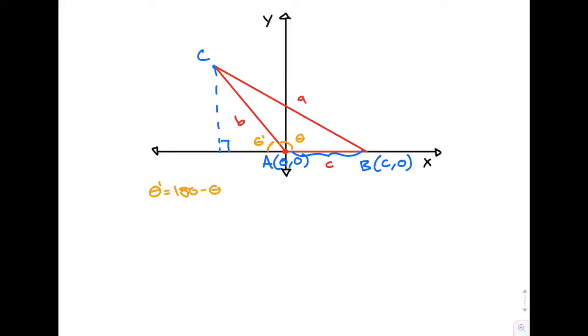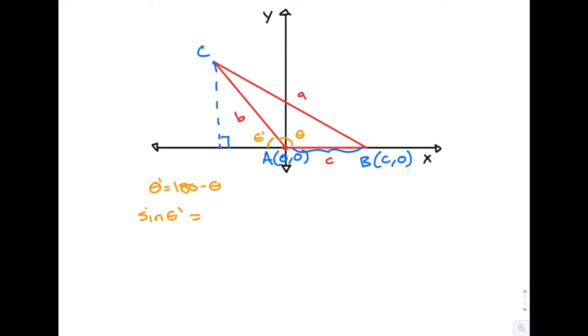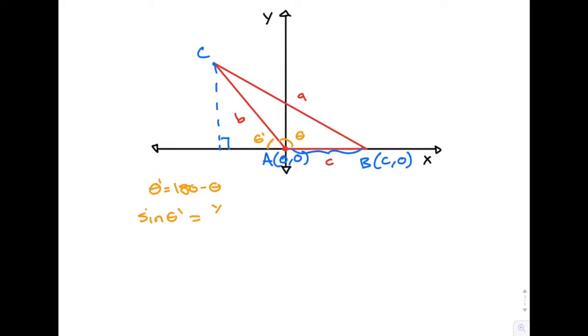And if we take the sine of that, the sine of theta prime equals the opposite, we'll call that just the y value, over the length b. So if we want the height, y, we need to say that b sine theta prime equals y.